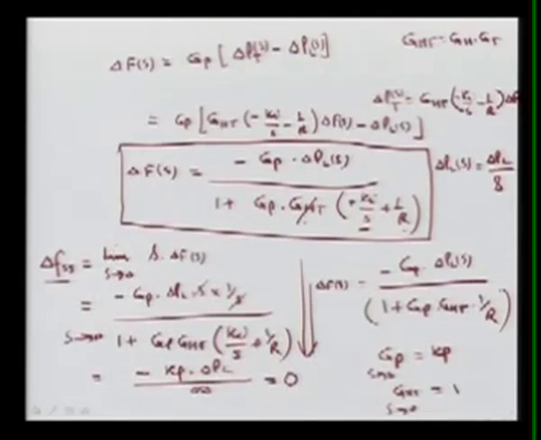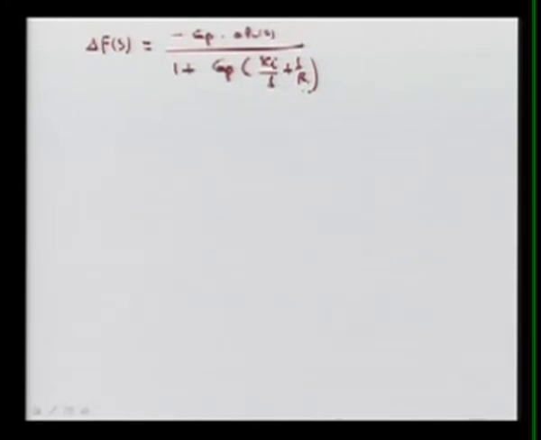So this simplified will be, again I can write the change in frequency in the Laplace domain as minus Gp, change in PL(S), divided by 1 plus Gp, and again Ki over S plus 1 by R, and for this we have to derive the response. Again we want to see the step response, so PL(S) is the magnitude PL divided by S. So we can put that value and see what we are getting.